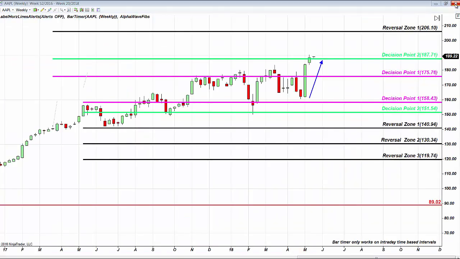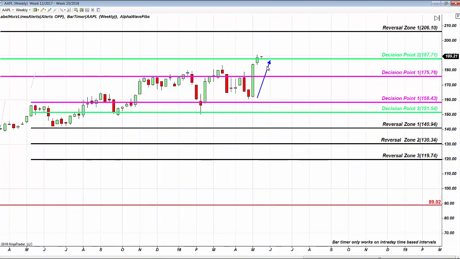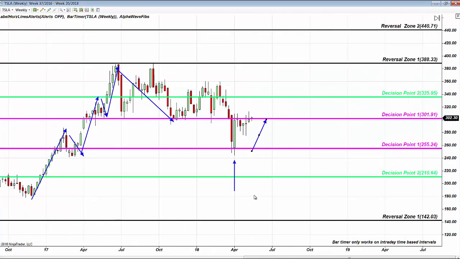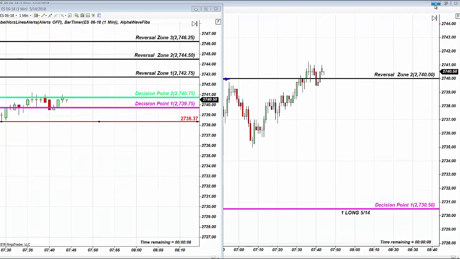No surprise. Skyrocketed from Fibonacci support. Exact same thing as Tesla had done. What is the difference between Tesla versus Apple? Tesla is struggling to break through this brick wall to head higher. Apple succeeded, and so did S&P.